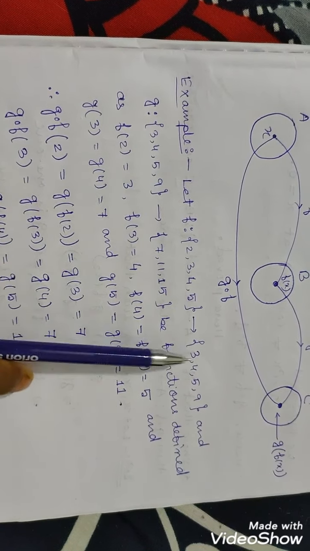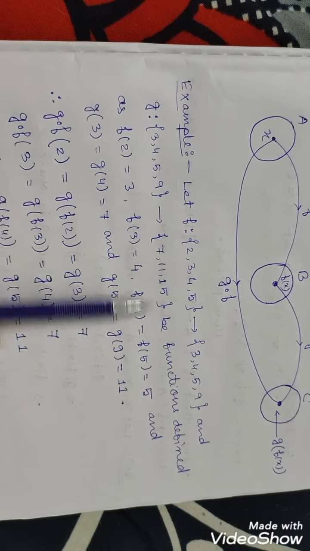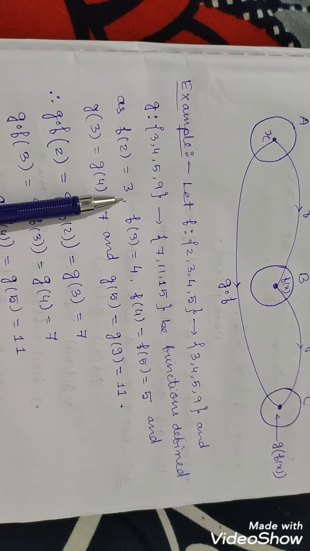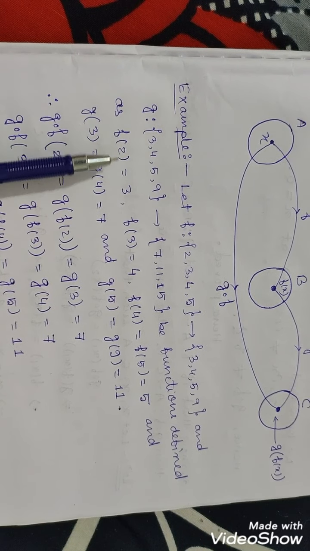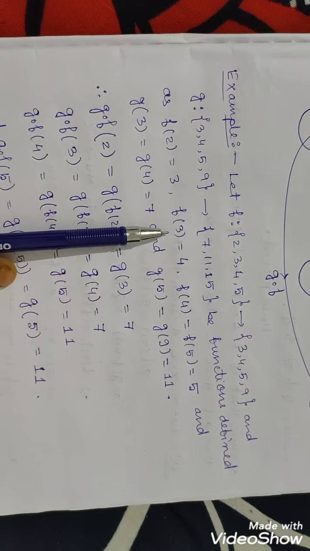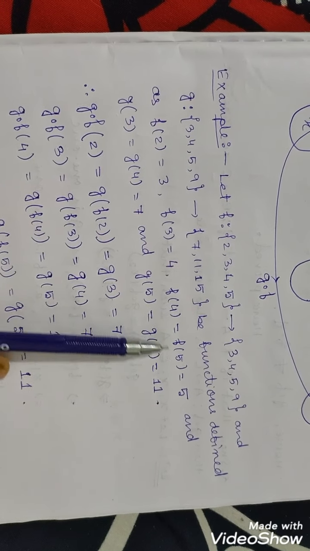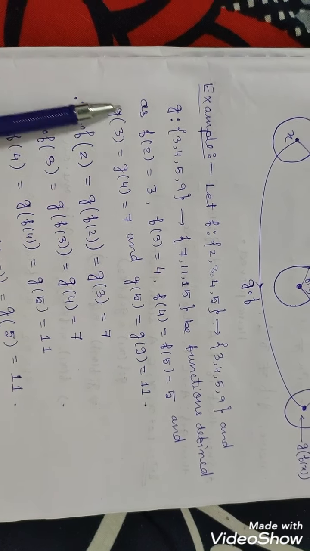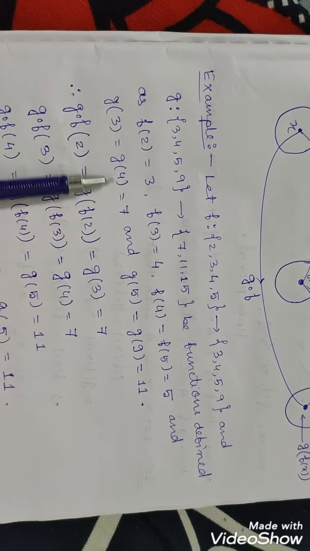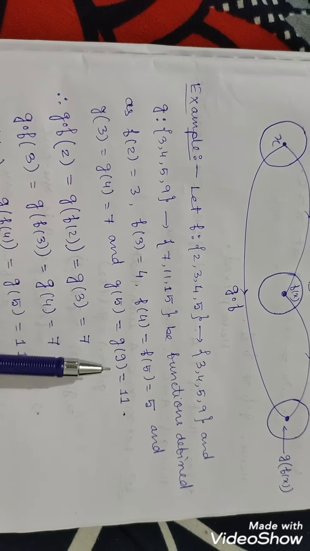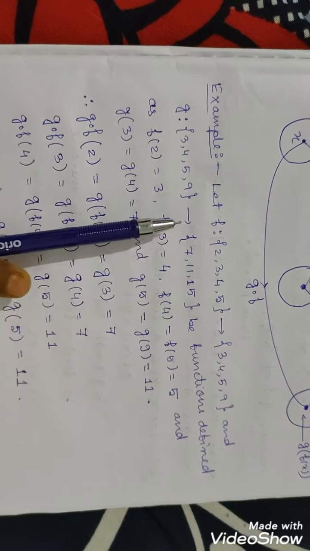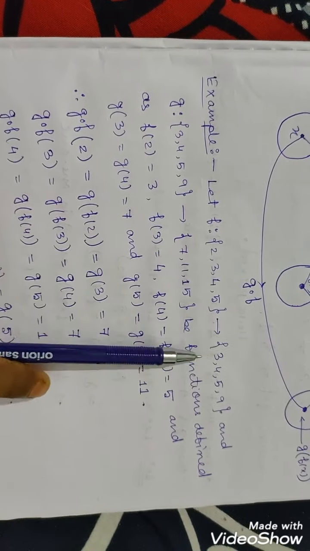So we consider two functions, and this function is defined as what? f of 2 equal to 3, f of 3 equal to 4, f of 4 equal to 5, f of 5 equal to 5. In this way it is defined. g of 3 equal to 7, g of 4 equal to 7, g of 5 equal to 11. Now you have to find the composition of these two functions f and g.